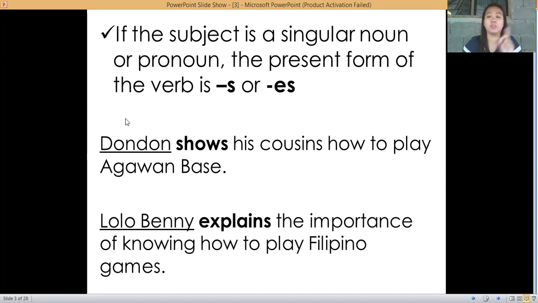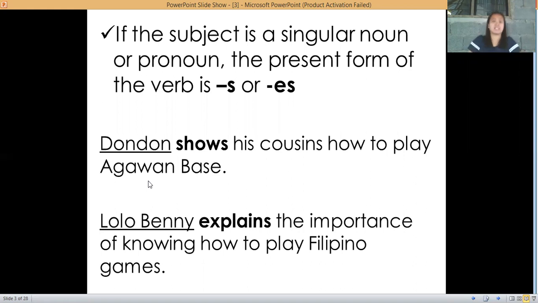So for example, Don Don. Don Don is only one. It's singular. Shows, so we add S. Shows his cousins how to play agawan base. I will repeat. Don Don, the subject, and the verb is shows. Add S. Shows his cousins how to play agawan base.